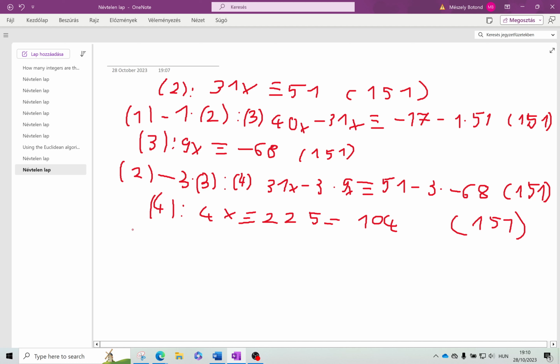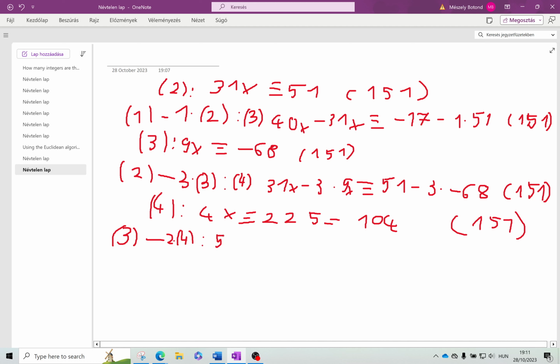So then the third equation will be the next that we subtract from. This is the third equation, 9x minus 68, minus the fourth equation, 2 times, because 2 times 4 is 8, which is smaller than 9, and we can't subtract more.